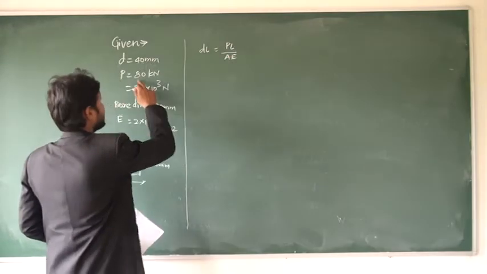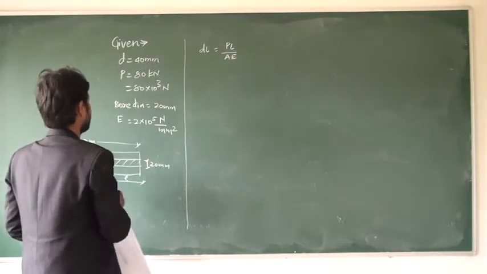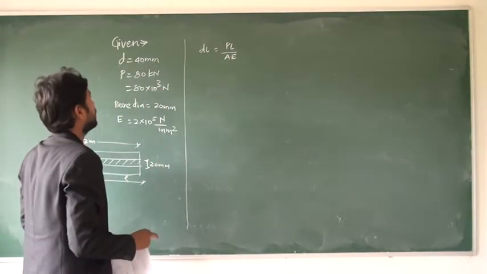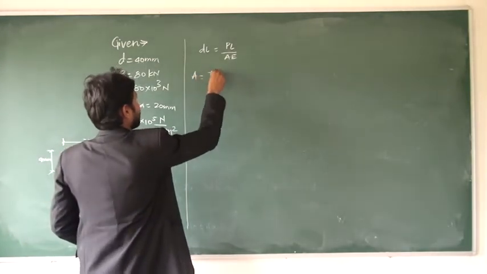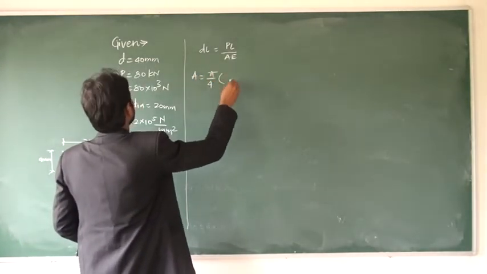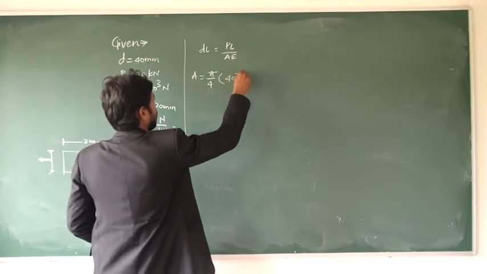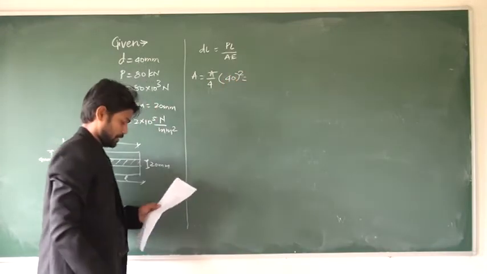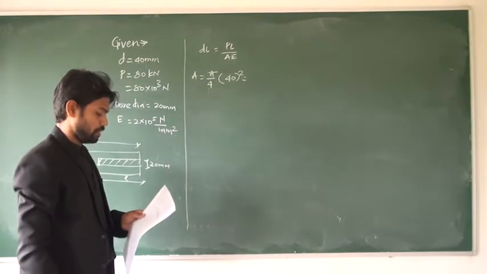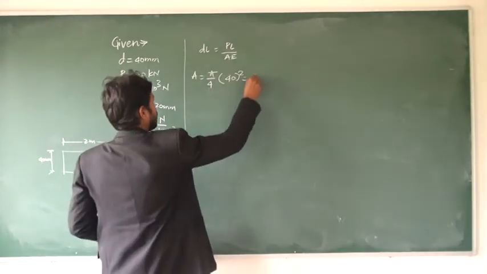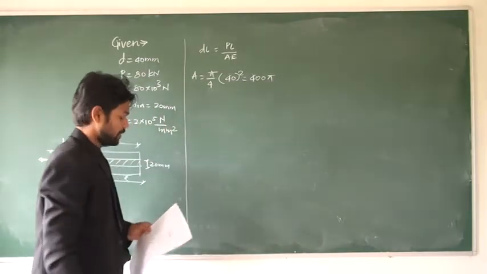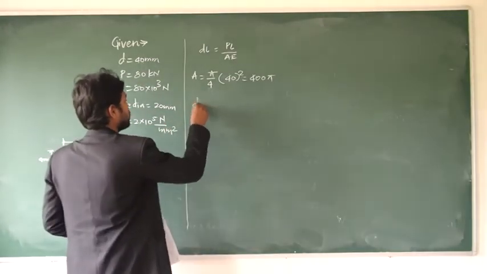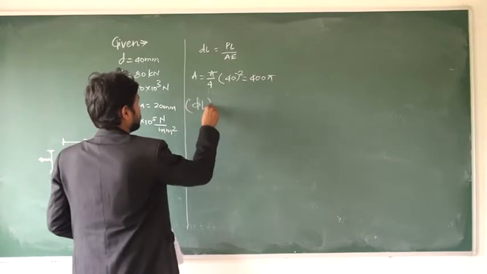Where P is 80 kilonewton, the length of the rod is 2 meter, and A is from the diameter of the rod, so the area will be 400 pi. Now we have to calculate the change in length dl in the first case.